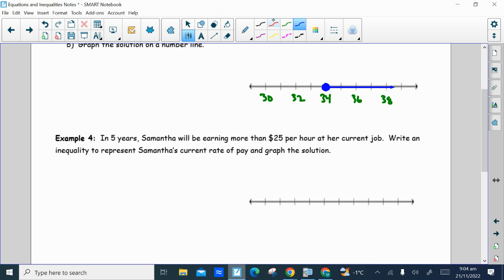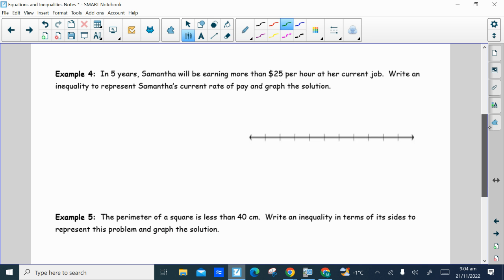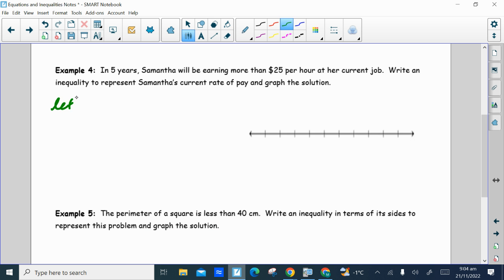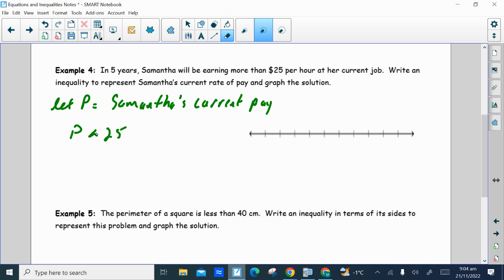So if we say that we're going to let P equal Samantha's current pay, and because we said it's going to be less than 25, when we draw our number line, we'll put 25 in the middle.